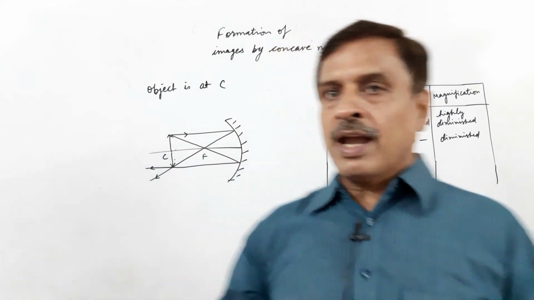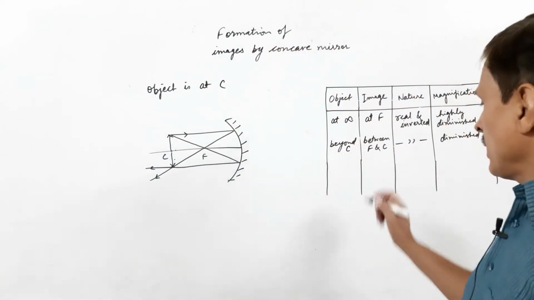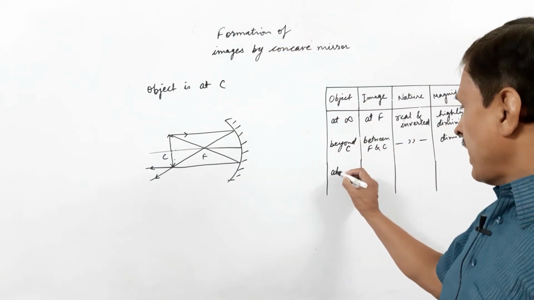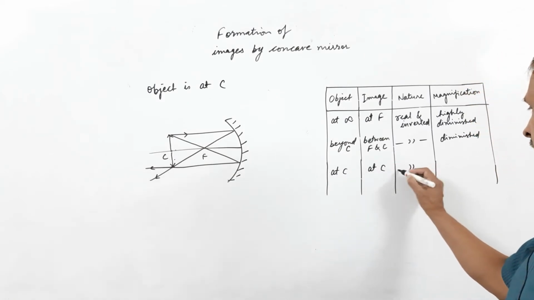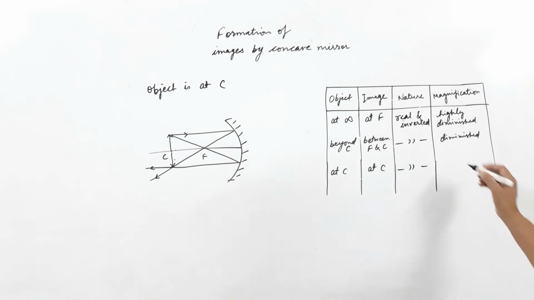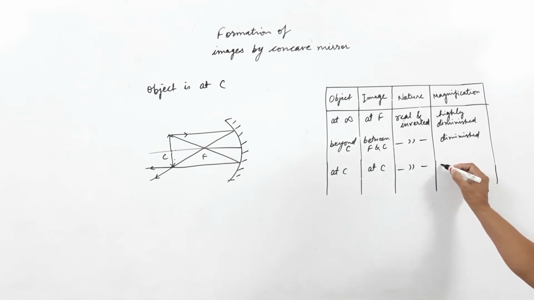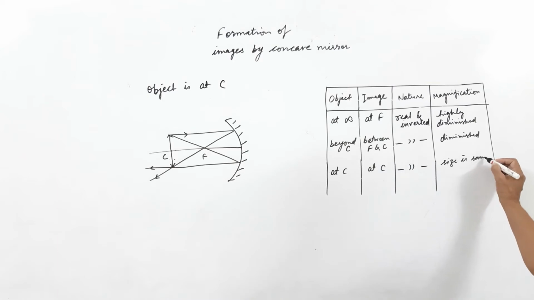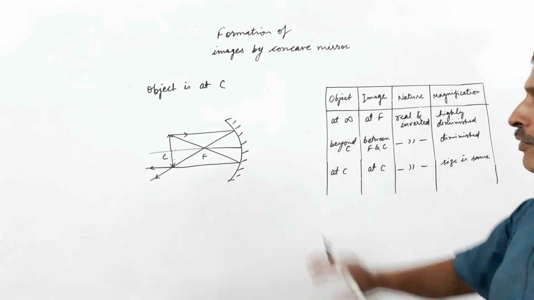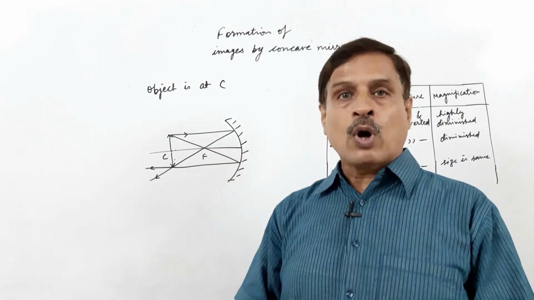It is at C. So object at C, image is at C, it is real and inverted and the size is same. That is, the height of the image is the same as the height of the object.